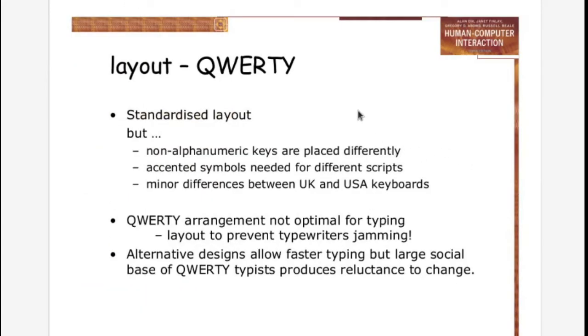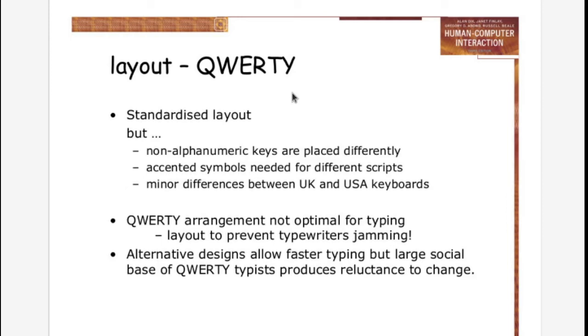So the layout of the keyboard is the QWERTY, yes, it is the standardized layout, but non-alphanumeric keys are placed differently. For example, when we are using our personal computers, the numeric keypad is located at the right side, and the buttons are big.